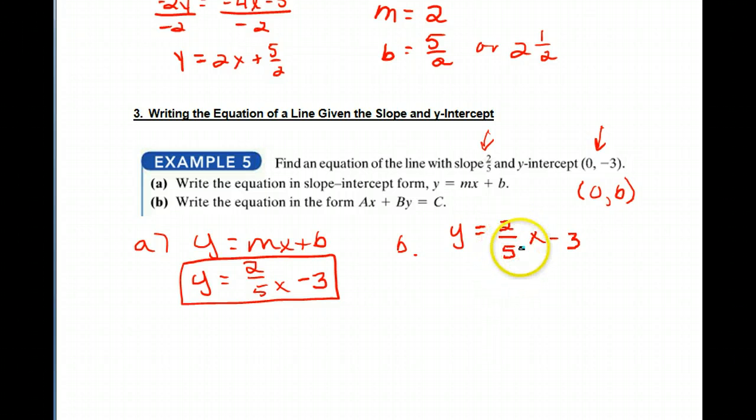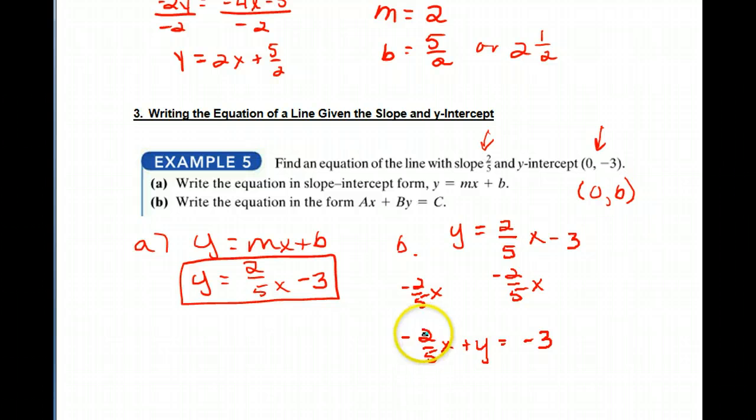So the first thing we need to do is move the 2/5 x to the other side. So we'll start by doing that by subtracting 2/5 x from both sides. So we have -2/5 x plus y equals -3. My leading term should be positive, and my leading term should not be a fraction. So what we're going to do is multiply our entire equation by -5.